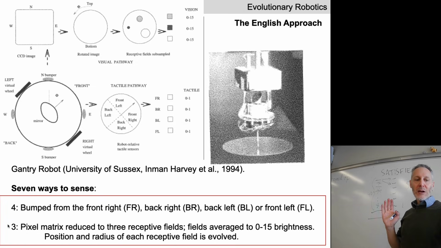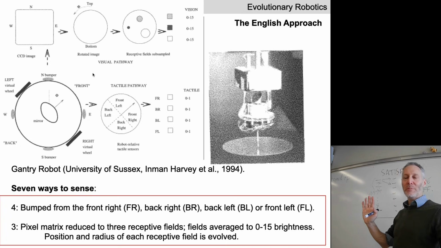All right. The 5th, 6th, and 7th sensors report visual information. This is the most complicated and non-intuitive part of the gantry robot, of which there are many non-intuitive parts. Remember that we have this constantly spinning mirror and the camera.